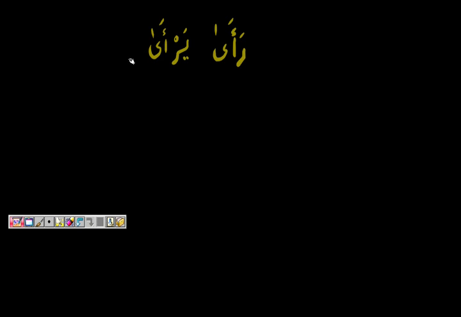Yalqa, yar'a. Yas'a, yar'a. Correct? But that hamza is dropped. And so we actually end up saying yara. But everything else is just according to the same pattern that we learned for yalqa.